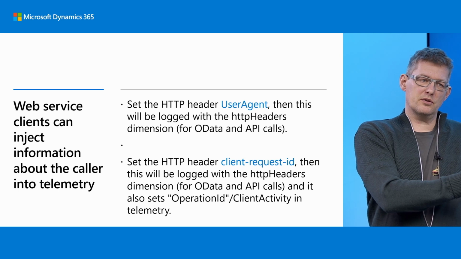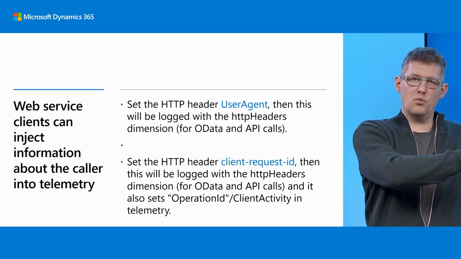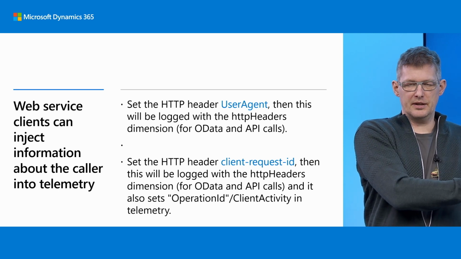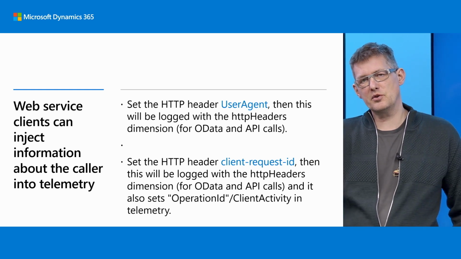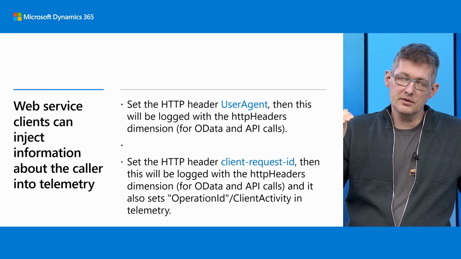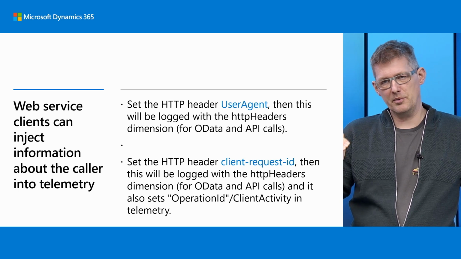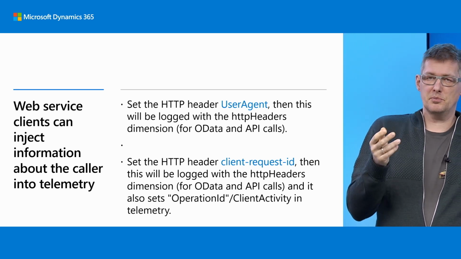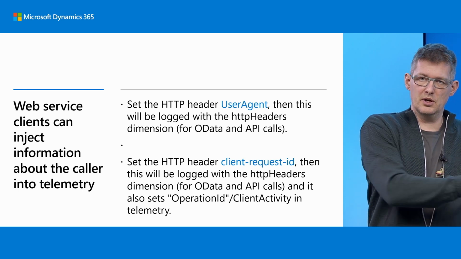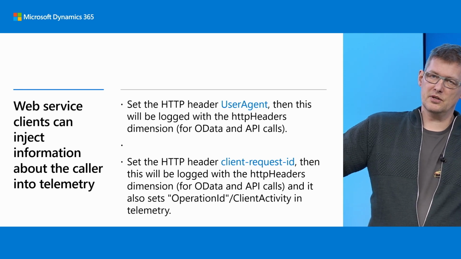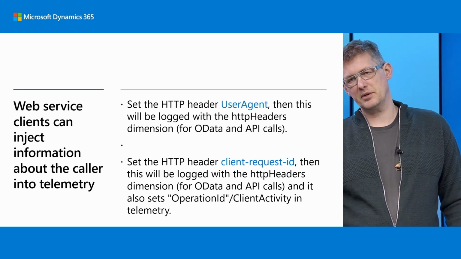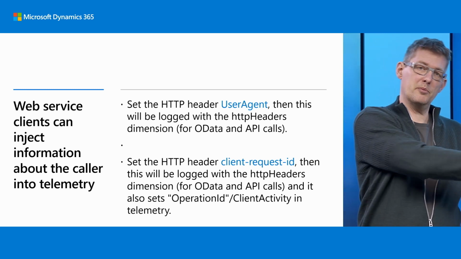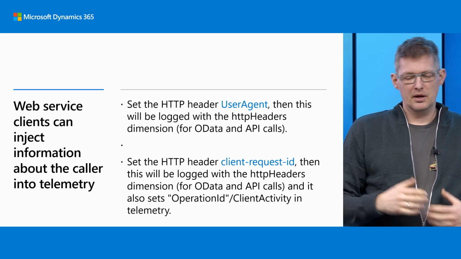In telemetry, you get signal about incoming web service calls. If you set the user agent HTTP header in your client code, this will also be logged in telemetry. So now you can see this particular incoming call was coming from my client.